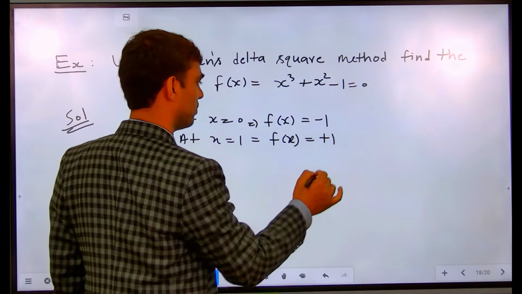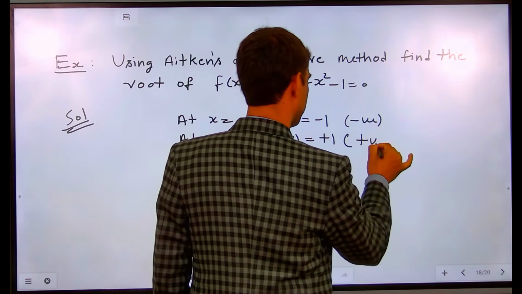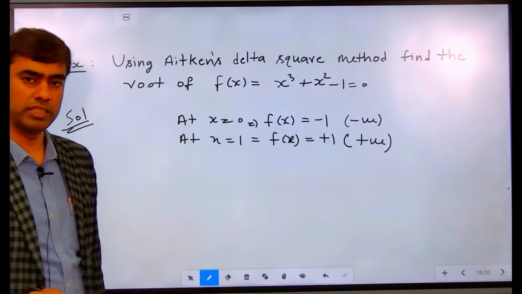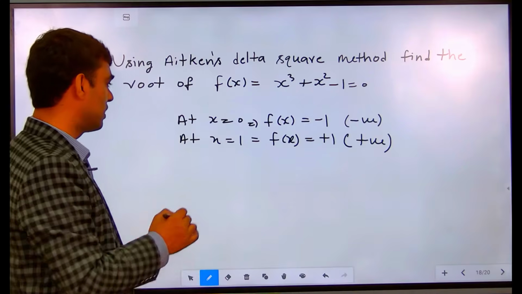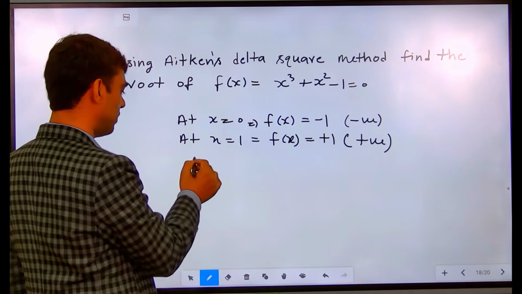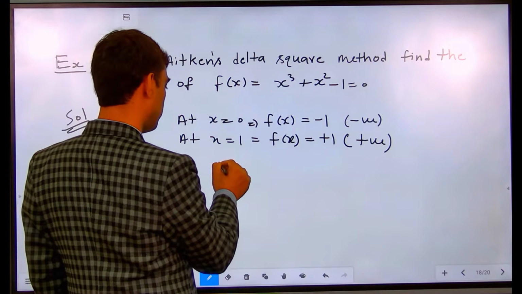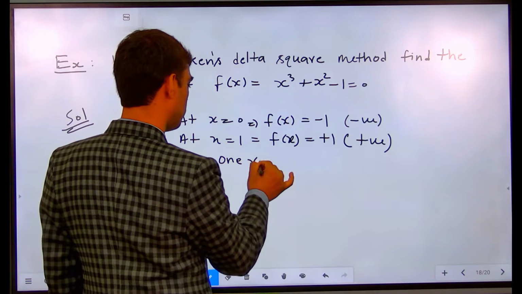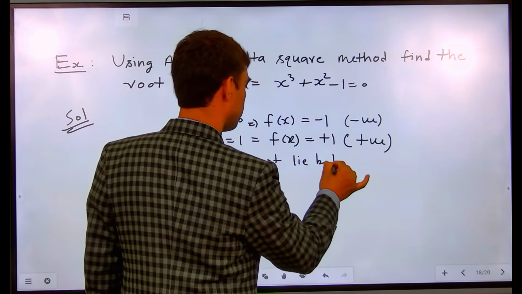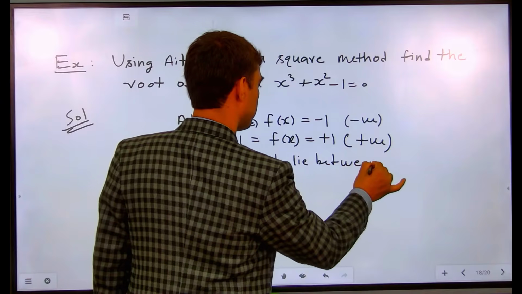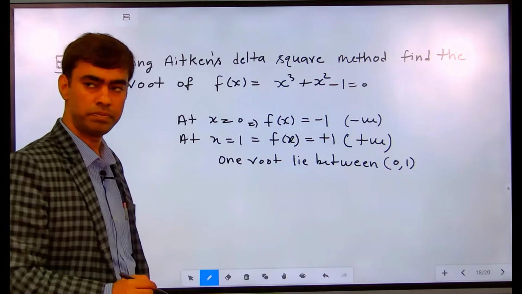This one is a negative sign, and this one is a positive sign. What is the meaning of this? The meaning is that one root lies between 0 and 1. Between 0 and 1.